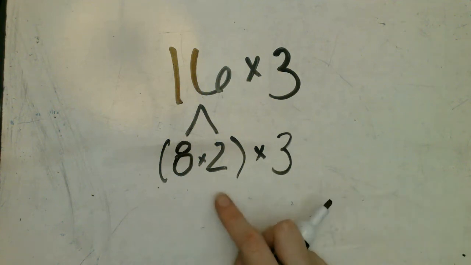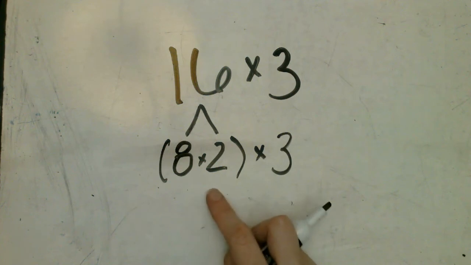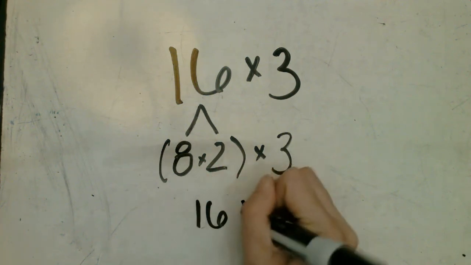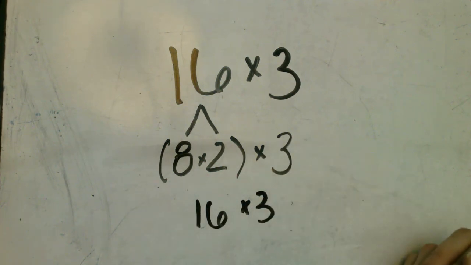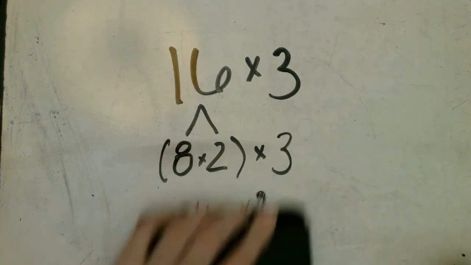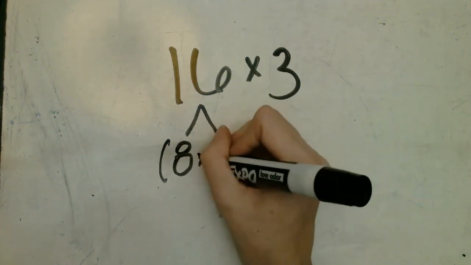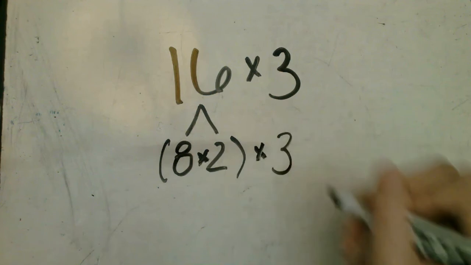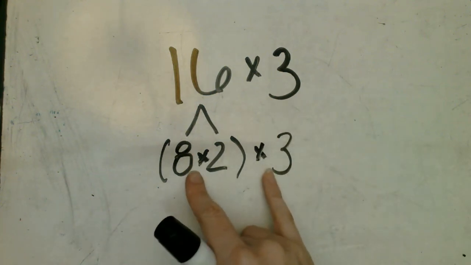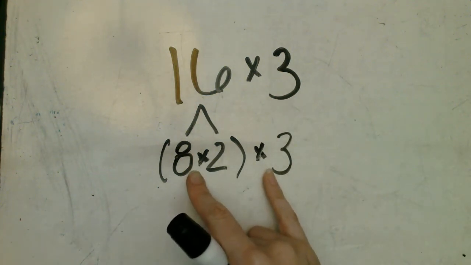Now, even if we were to solve this problem, our parentheses tell us here to do 8 times 2 first, and that just gives us 16 times 3 again. It's still a tricky problem to solve. But in our previous exercise, we saw that it doesn't matter if we move our parentheses if we have the same operation being used.